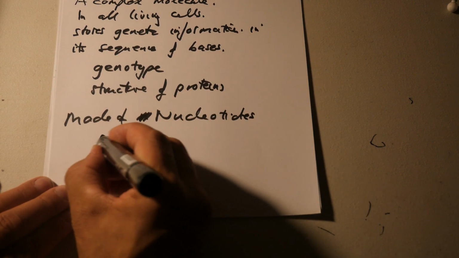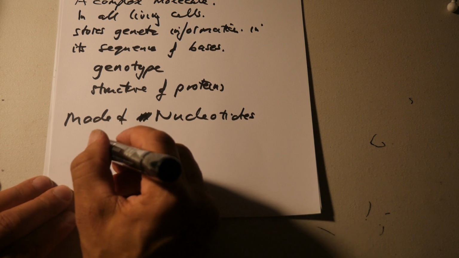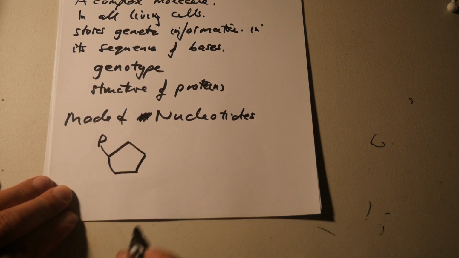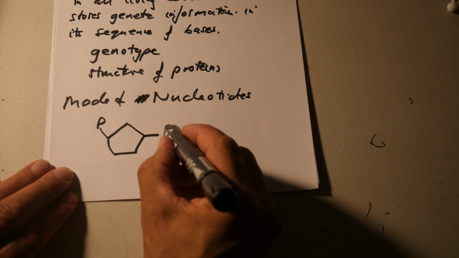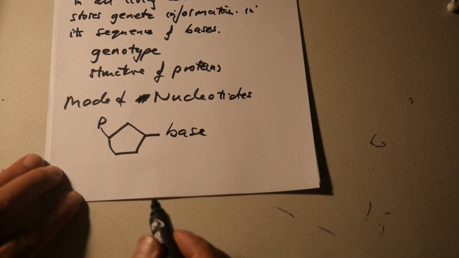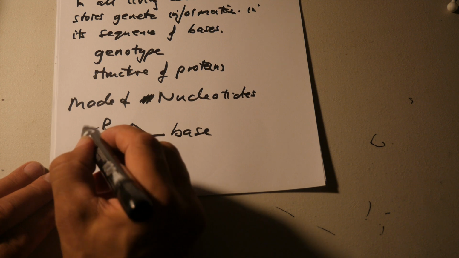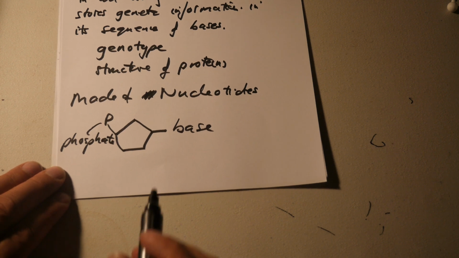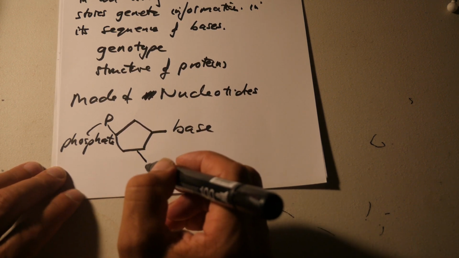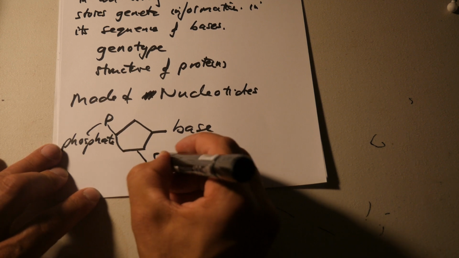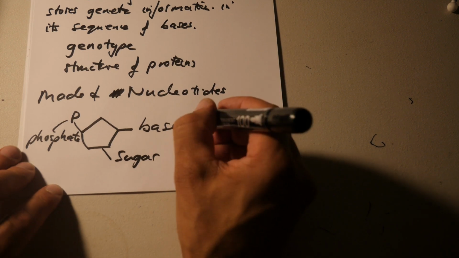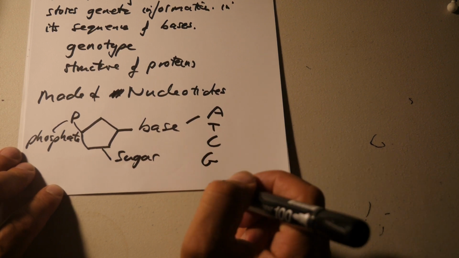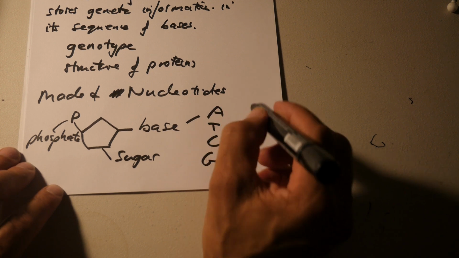It's a phosphate attached to a sugar, and then a base. So that's the phosphate, this is the sugar, and the base can be A, T, C, or G, any of four bases.